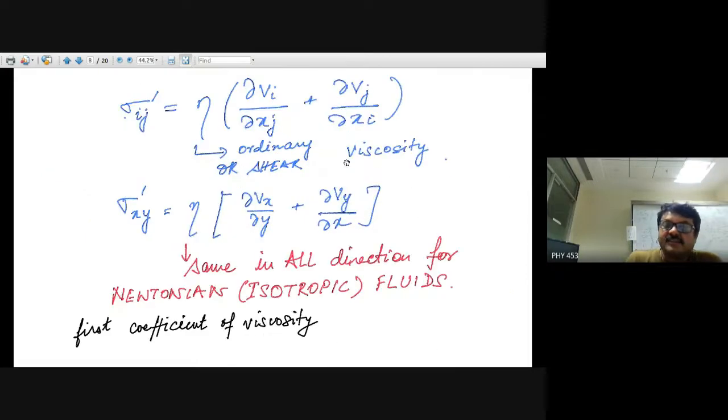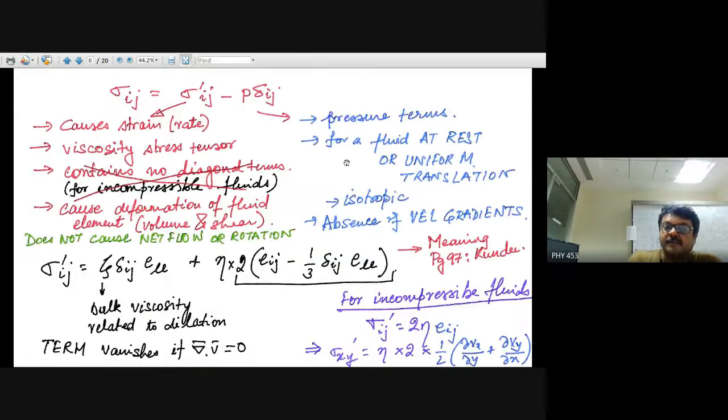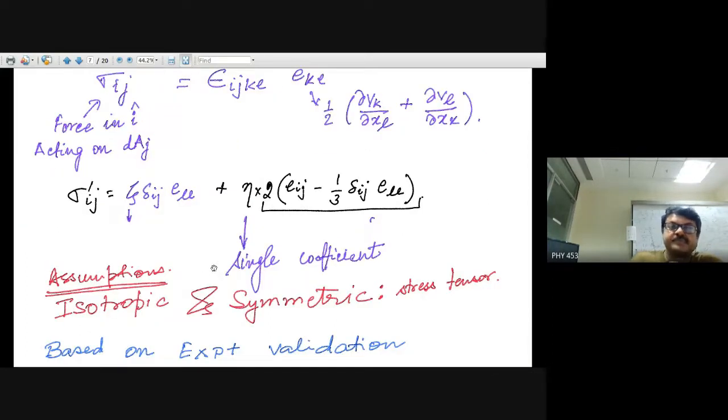And this is very nicely explained in Kundu on page 97. So you're not only looking at the mean deformation, but excess deformation along one particular direction beyond the average. And then it will appear with the shear viscosity term, right?